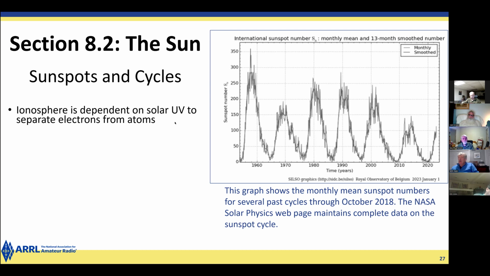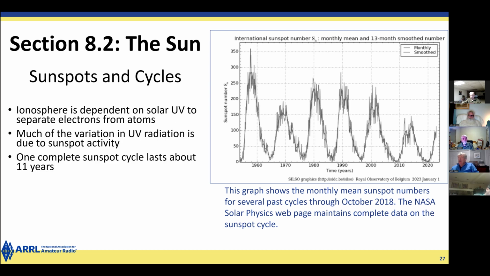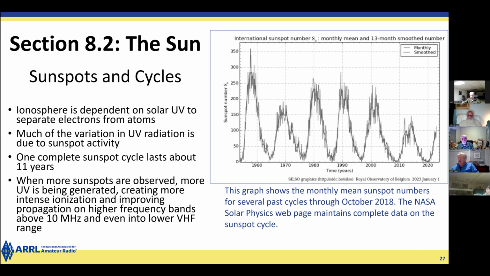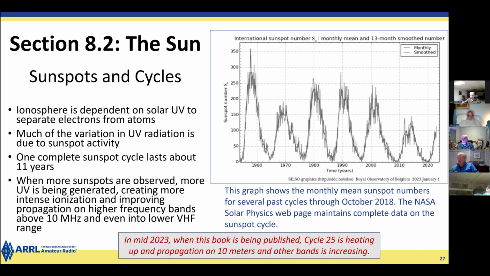Okay, so the sunspot cycle or solar cycle lasts about 11 years, and it's usually measured from the trough of the cycle. In other words, where the minimum number of sunspots occur.